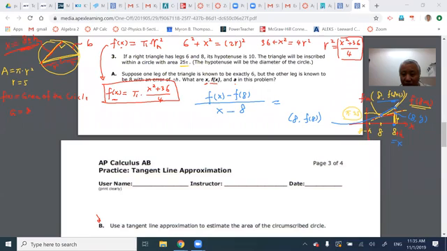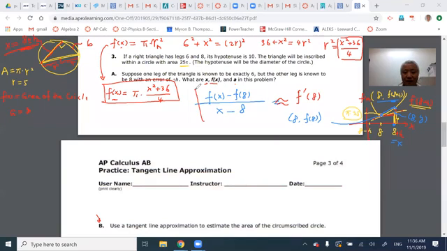This is supposed to be the slope of the second line. But here we do the approximation. We assume that equals the slope of the tangent line. When you find the slope of the tangent line, that will be the function derivative at x equals 8.